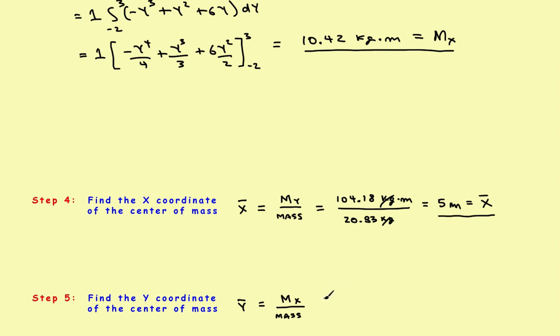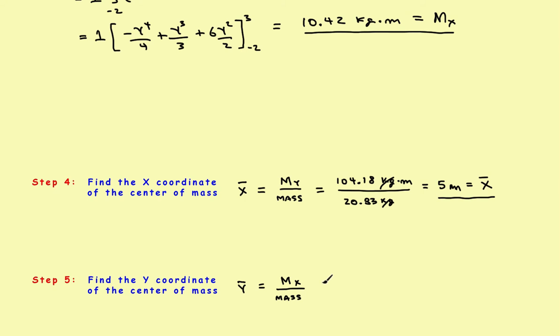Okay, now in this last one, we'll scoot down just a little bit. You use the moment about the x-axis, which was 10.42. So you've got 10.42 kilogram meters divided by the mass, which is still 20.83 kilograms.